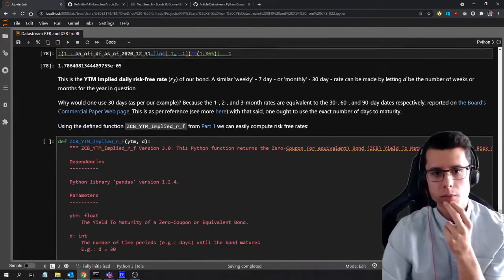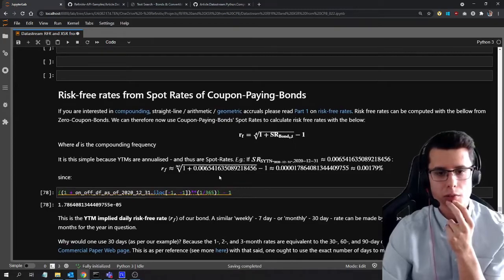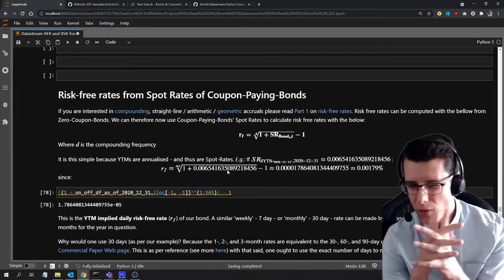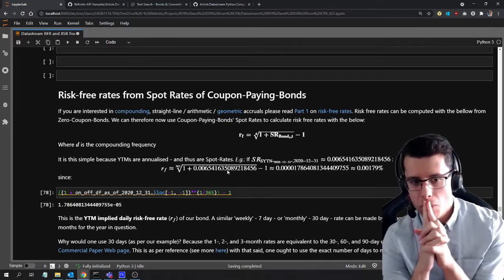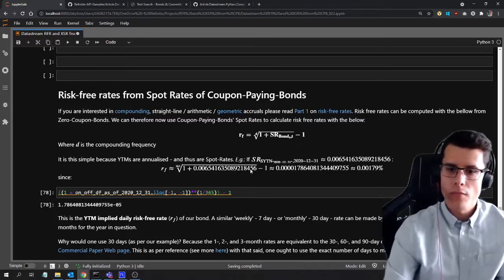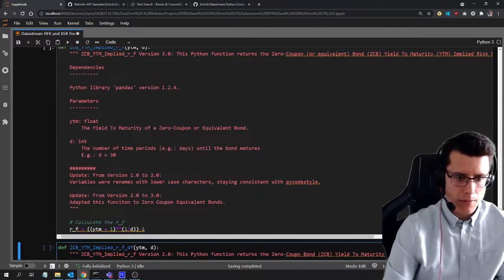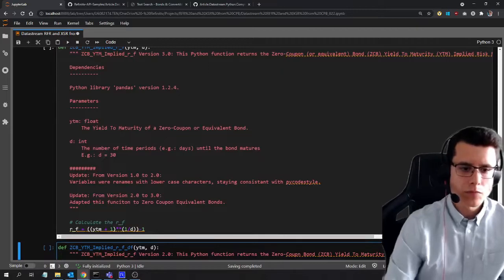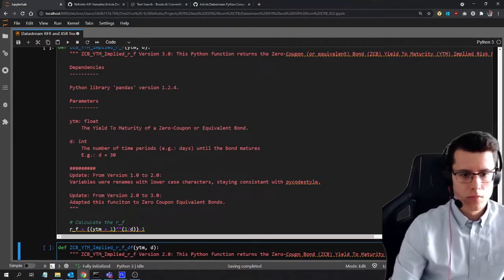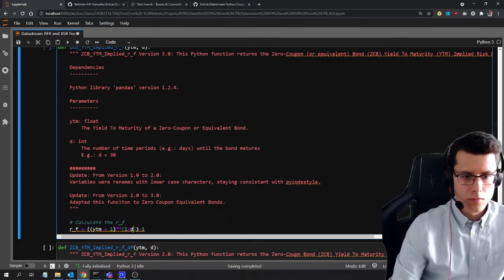I'm kind of realizing why I did all this: the risk-free rate calculation itself is actually dead simple. It's not like the other times when it was quite long, like the spot rates. This isn't useless though, because I can at least copy and paste it if I want to do it in a data frame format, which I think I will anyway. It is dead simple.